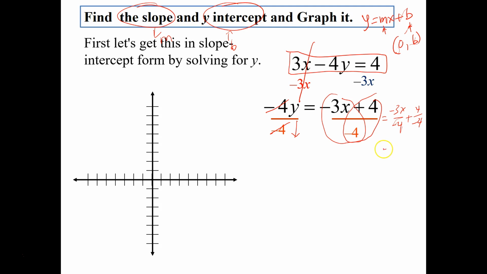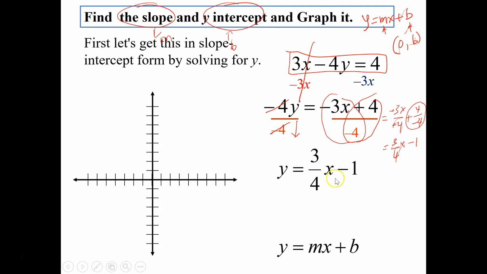The negatives cancel, giving 3 over 4 x, minus 1, because 4 divided by negative 4 is negative 1. Therefore, you get y equals 3 over 4 x minus 1.